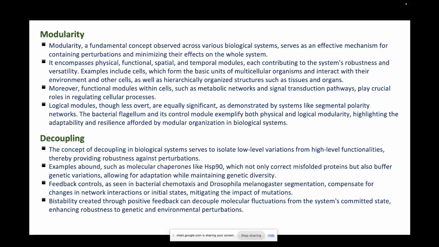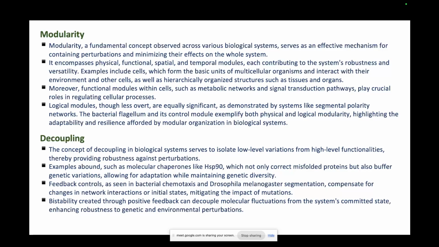So the idea is, if you perturb one module, the other modules should not get affected. That module should be able to contain it. The perturbation should not be spreading to other modules, right?